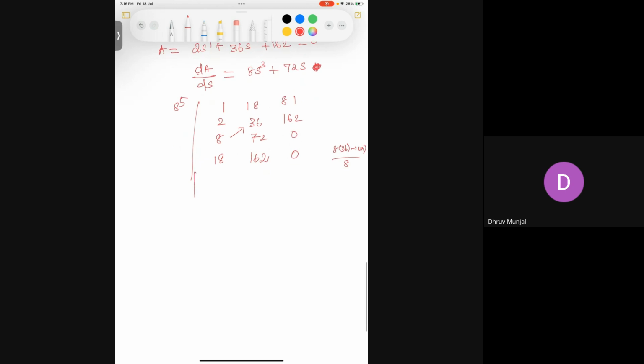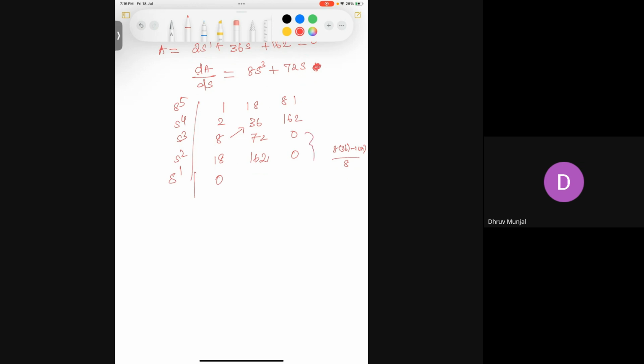Now this is s power 4, s power 3, s square, and finding s power 1. If I do this, 18 into 72 minus 8 into 162, divided by 18, again it gives you 0 because this multiplies to the same number.